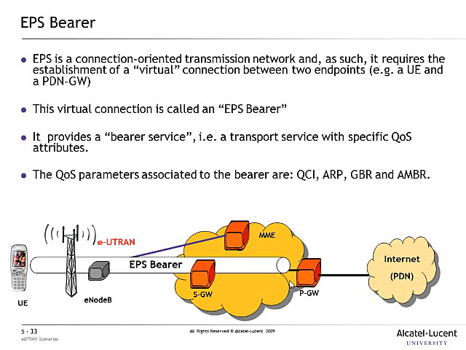So we have about 9 quality of class indicators. We have ARP, which is an allocation and retention priority. Okay, it's not address resolution protocol, which you would have done in communication protocols. ARP stands for allocation and retention priority. And then GBR, which stands for guaranteed bit rate, and AMBR, which stands for aggregate maximum bit rate.